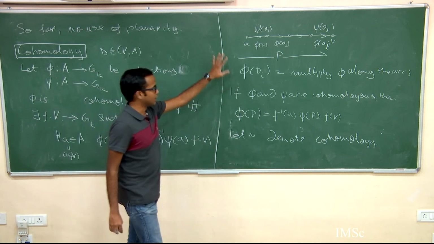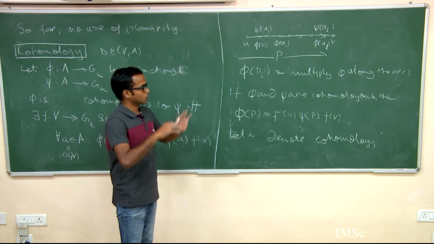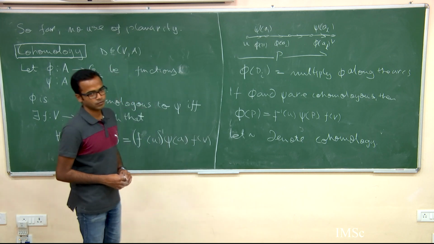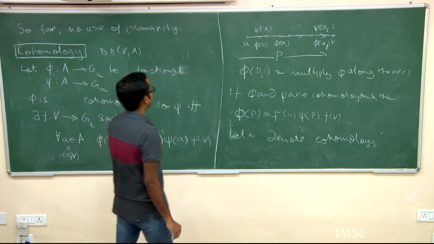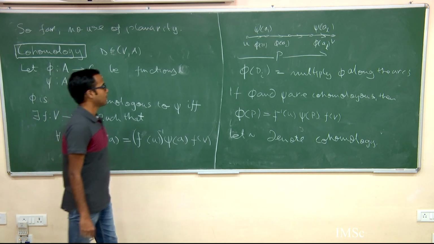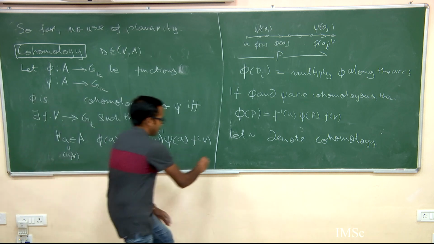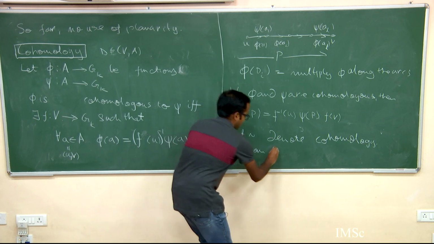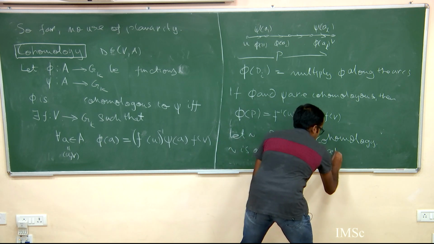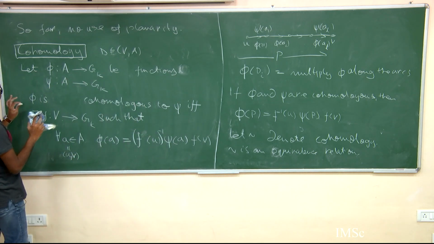It never comes up in anything we use, but what happens is the whole solution set can be divided into equivalence classes based on this cohomology, and what we'll essentially do is enumerate all these equivalence classes. So that's cohomology.